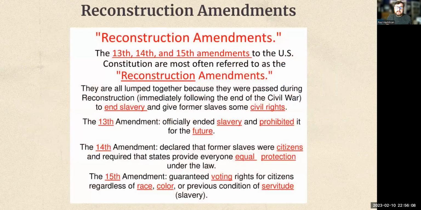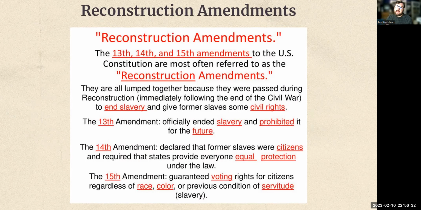Now, Reconstruction is the time period immediately following the Civil War. Once the war ends, now what? Right? The South has surrendered to the North. They've said, okay, we give up, we're coming back. But how do you bring these people back into the Union, right? These are people who were in the Union who chose to leave, to commit treason to an extent.